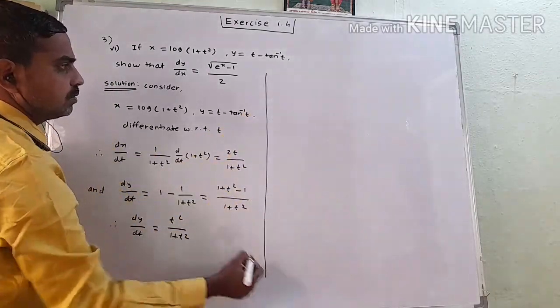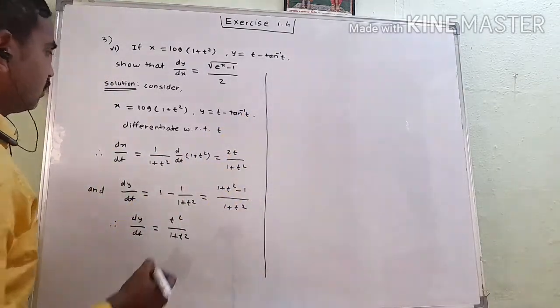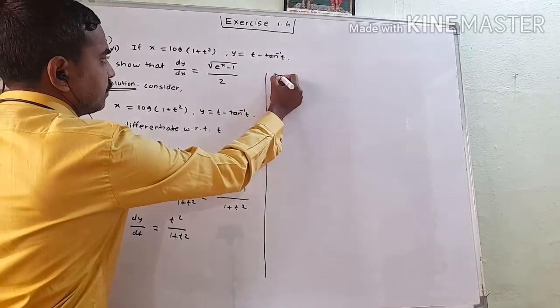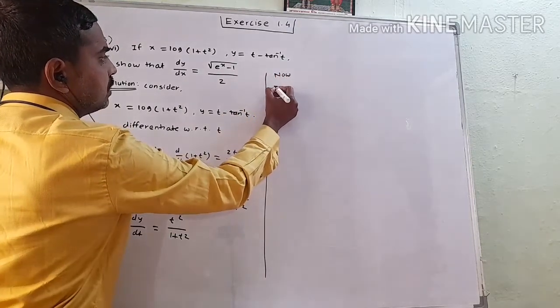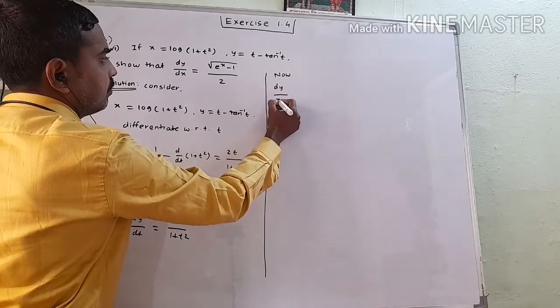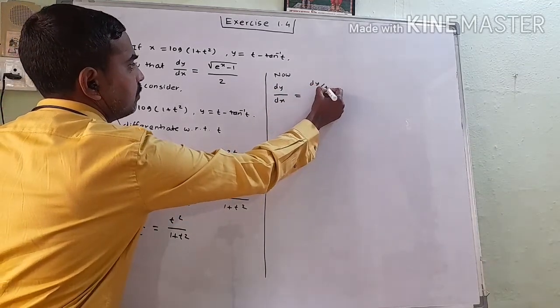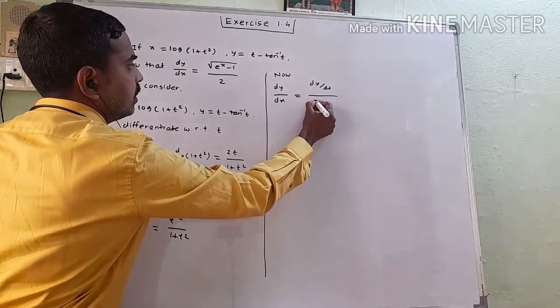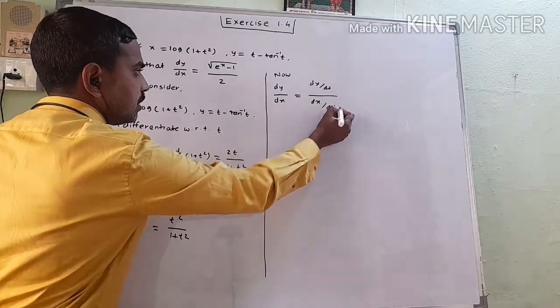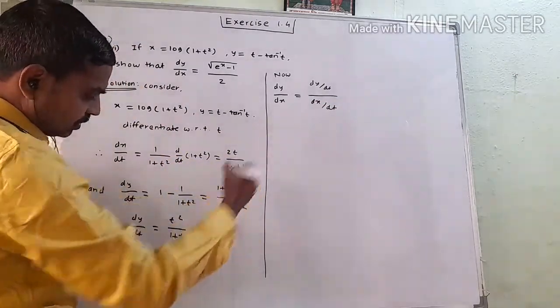Now these are our two values of differentiation. Now by using our parametric formula, dy by dx equal to, we know that it is dy by dt divided by dx by dt.